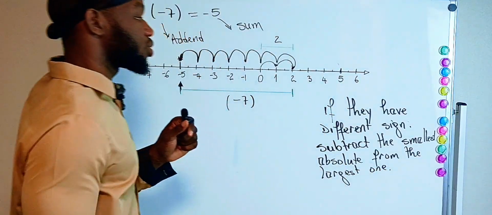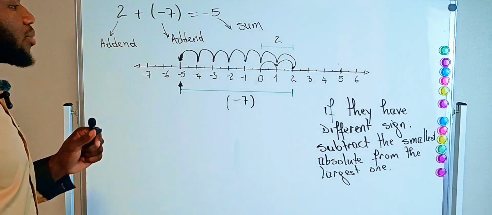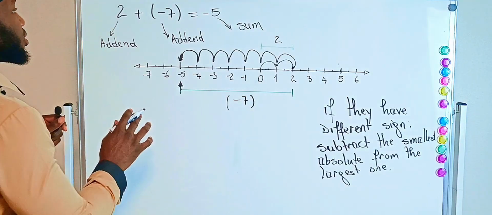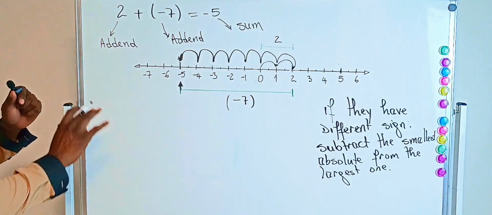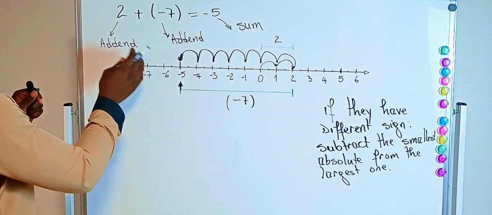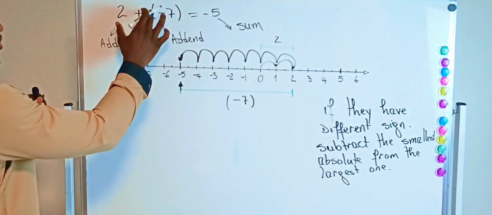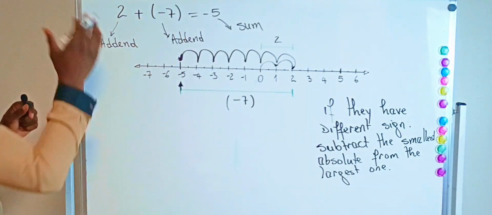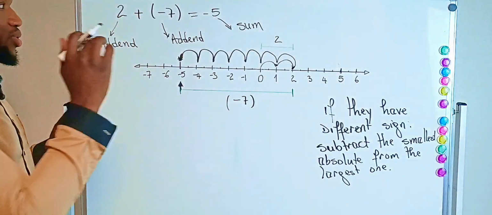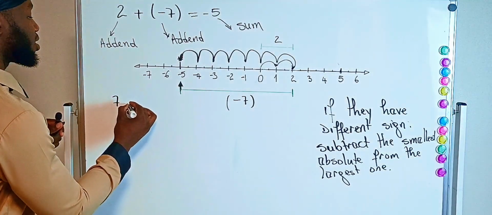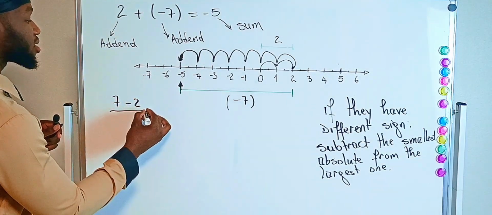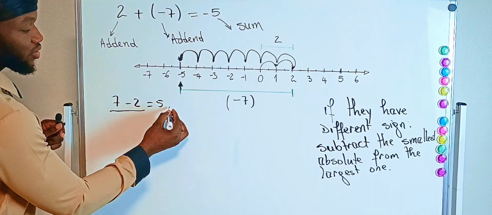I'm just talking about absolute value, not the number. That means the absolute value of 2, and the absolute value of -7, which is 7. We subtract 2 from 7, so we get the answer 5.